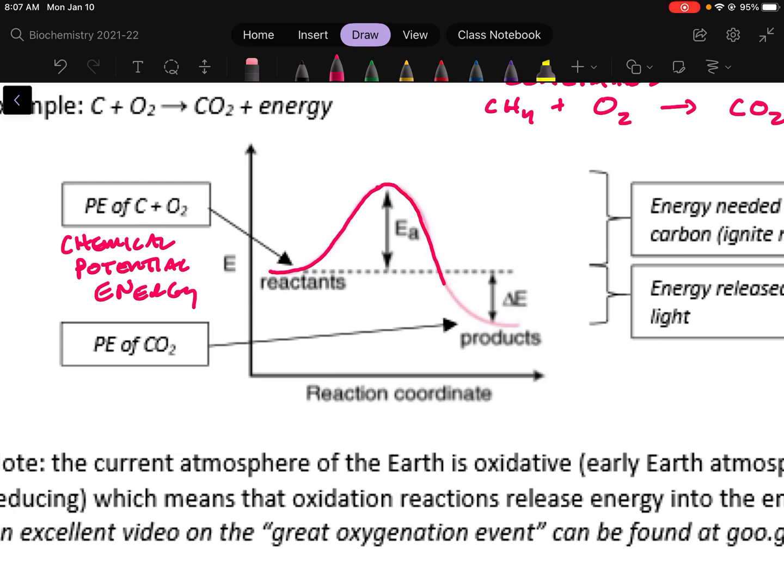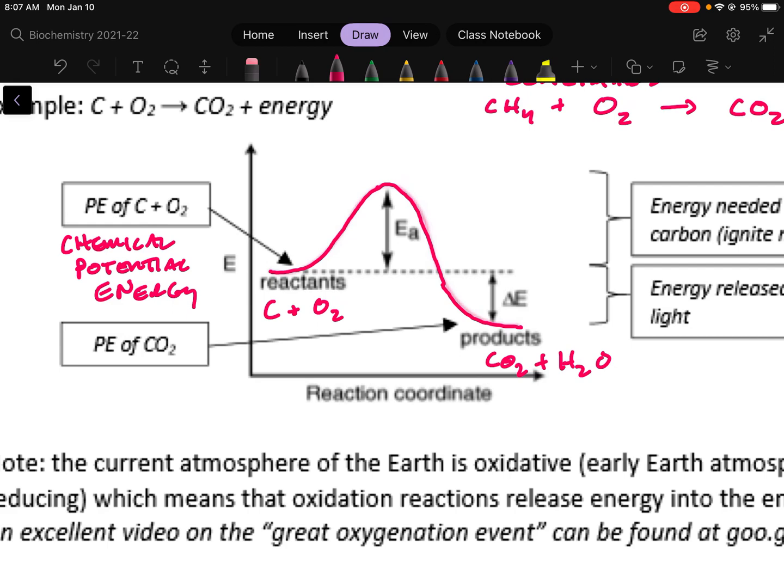We're hand waving a little bit here because I think it's easy to see that there's energy in the bonds of carbon and oxygen in those reactants, and then there's energy in the bonds of products, right? But really, for a reaction to take place, bonds have to be broken, new bonds have to be formed. You're doing this every time you do a model kit lab where you're breaking bonds and forming new ones.